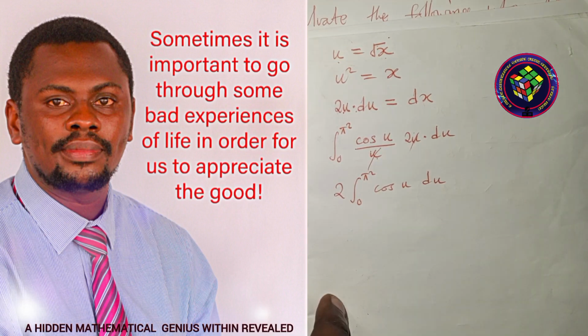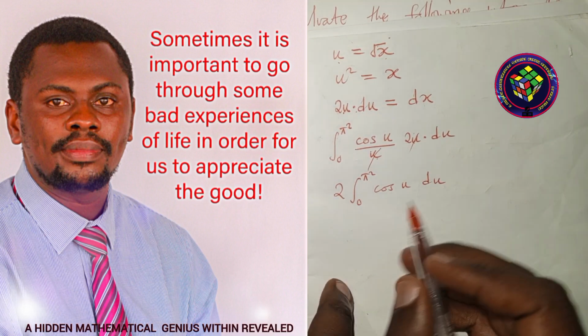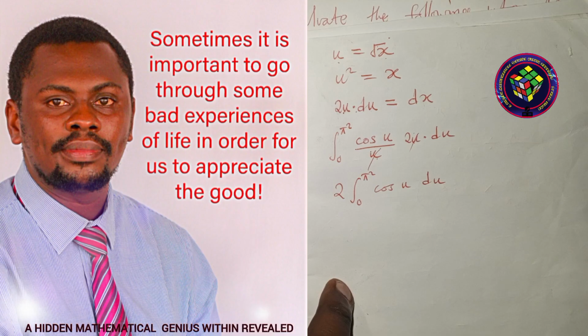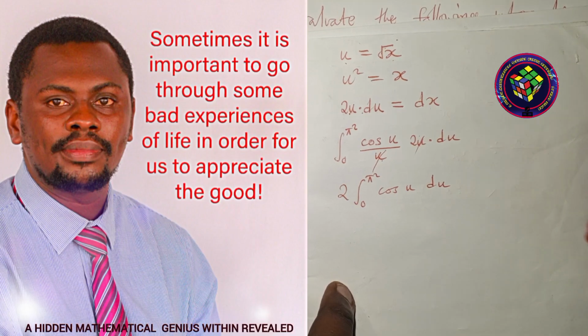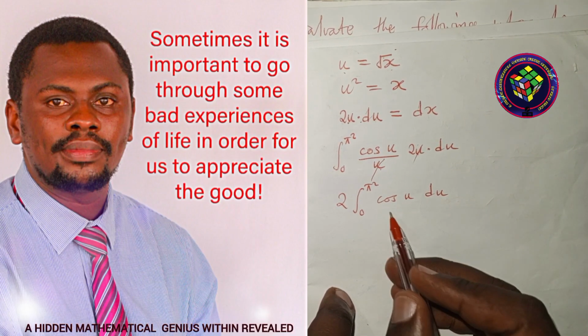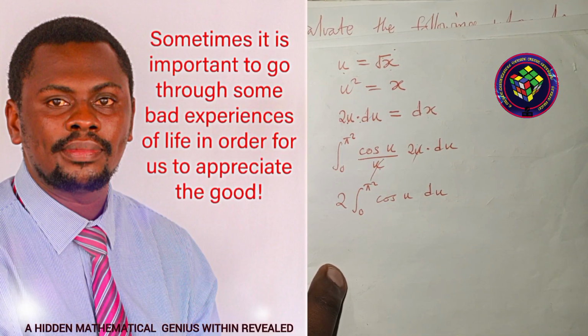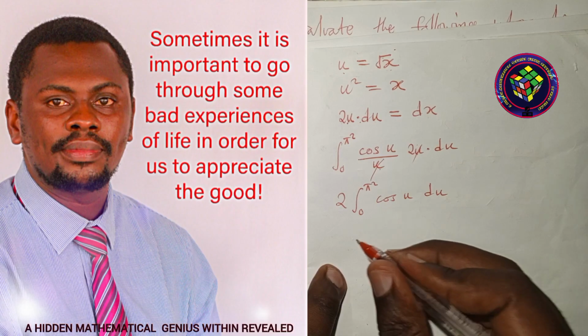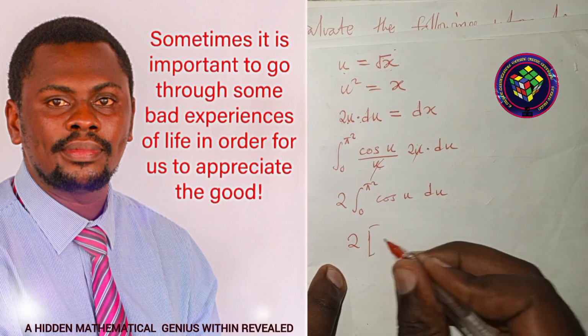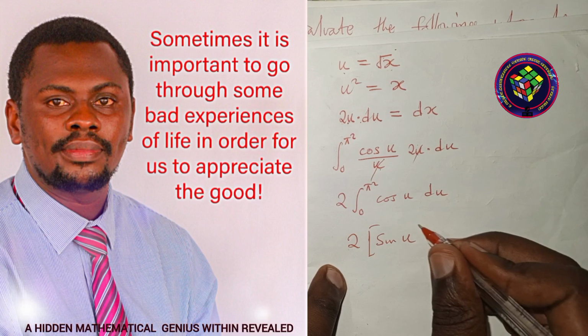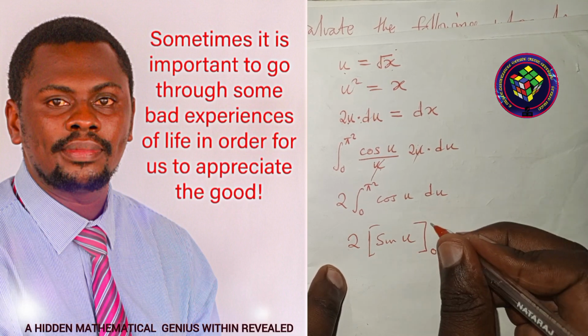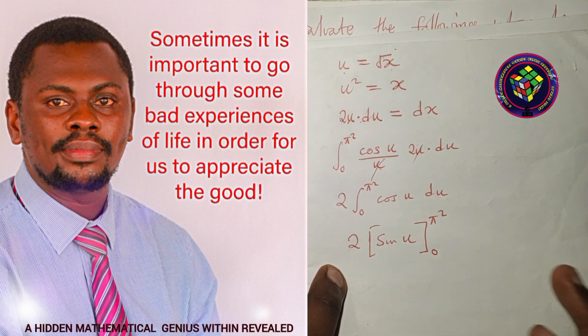What is the integral of cos u? The integral of cos u is just sine u, since we know that the derivative of sine is cos, so the integral of cos should be sine. So we have 2 times sine u, with limits from 0 to pi squared.